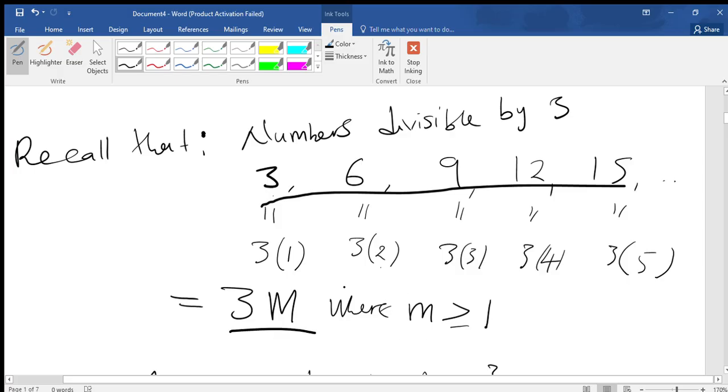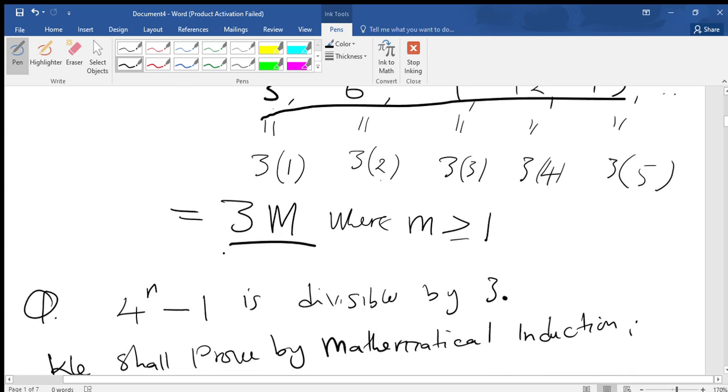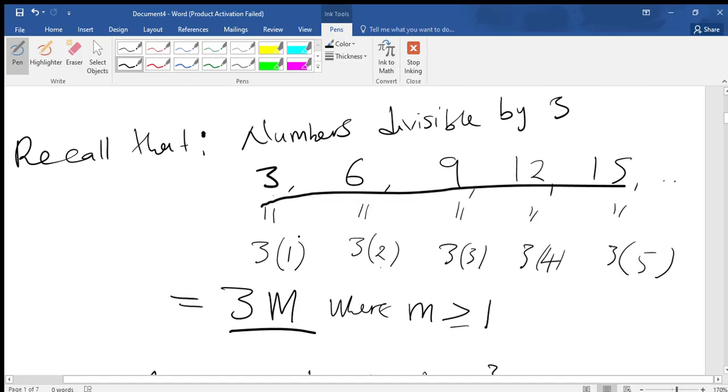So 3 times 1 is 3, 3 times 2 is 6, 3 times 3 is 9, 3 times 4 is 12, 3 times 5 is 15. That's what we said. Once 3 times something is clearly shown, it means that item is clearly divisible by 3.